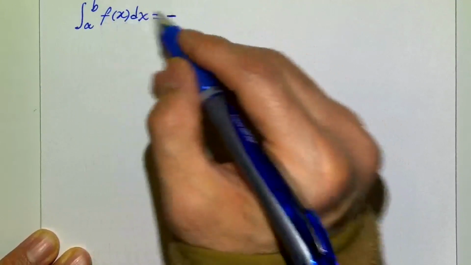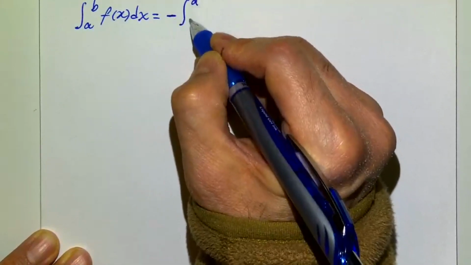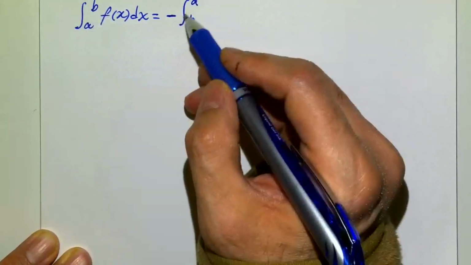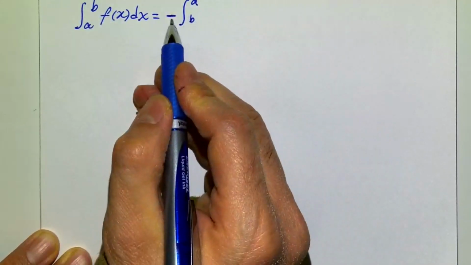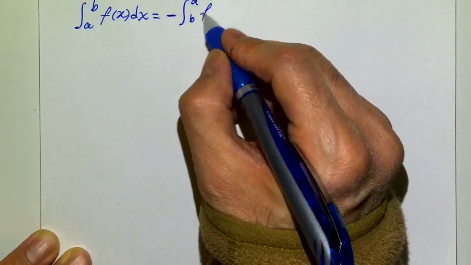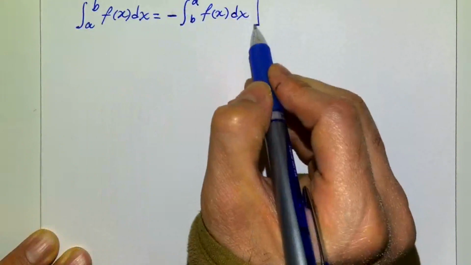So that is equal to minus the integral from b to a of f of x dx. Notice the lower and the upper limits of the integral swapped spots, because we put this minus in front. Okay, so that's one of the properties.